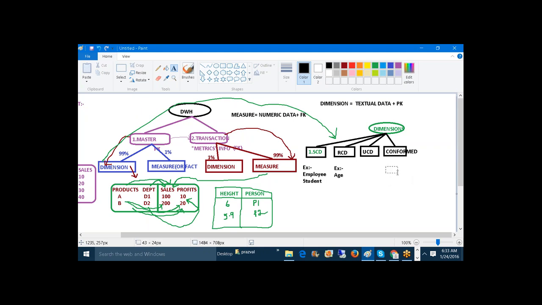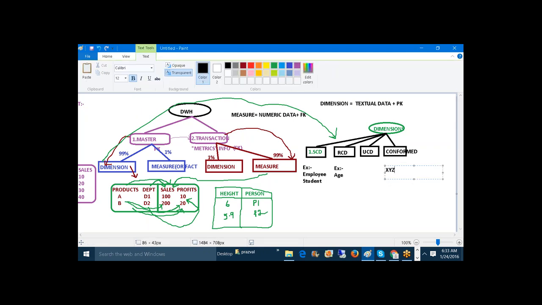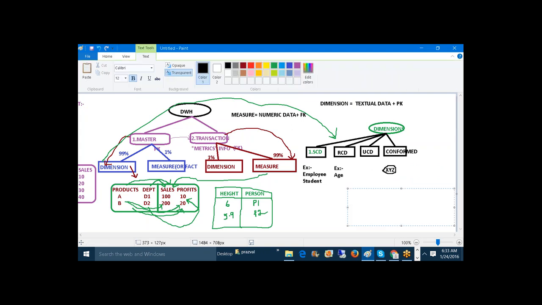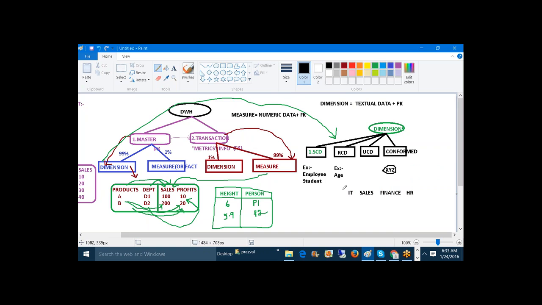So let me explain with an example. Let's say I am taking one organization XYZ. This organization is having 4 business areas: IT, sales, finance and HR.